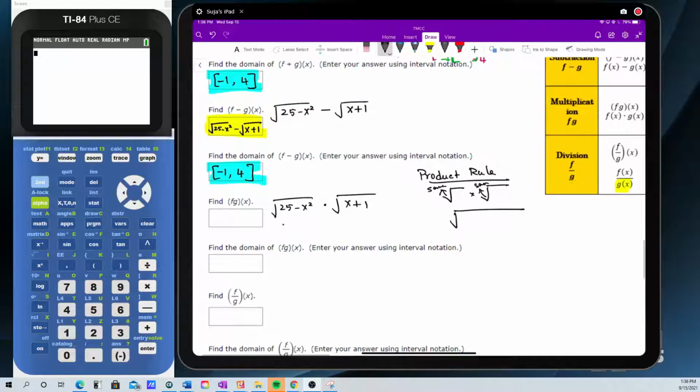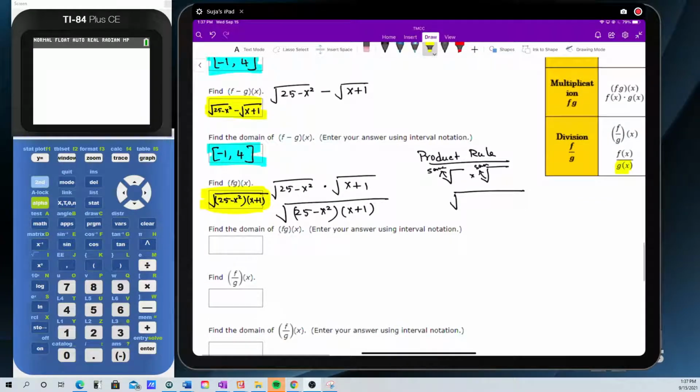So I can apply that here: square root of 25 minus x squared times x plus 1. I can FOIL it if I want, but I'm not going to reach anywhere, so I would rather leave it like this. Also remember, I can write x plus 1 times 25 minus x squared because multiplication is commutative and it doesn't matter which one I write first, but sometimes web-based assignments may need the x plus 1 factor first and this 25 minus x squared next, so just check accordingly.